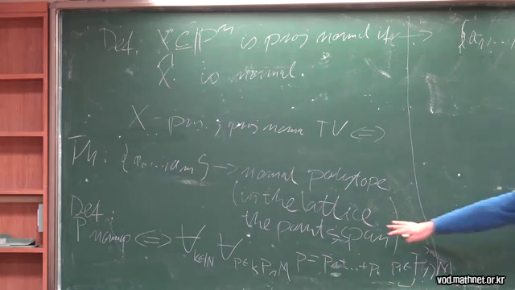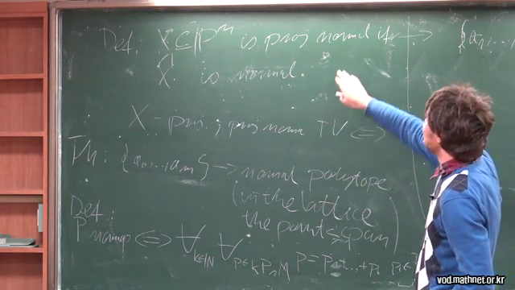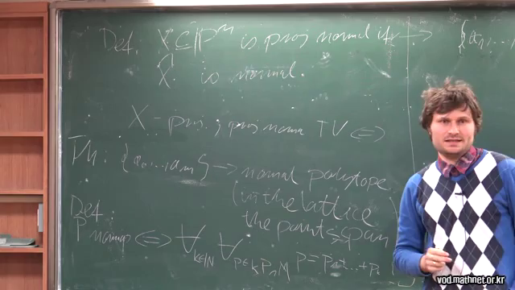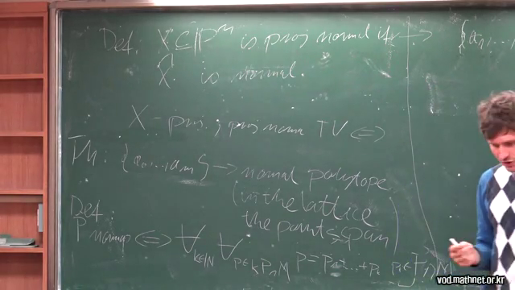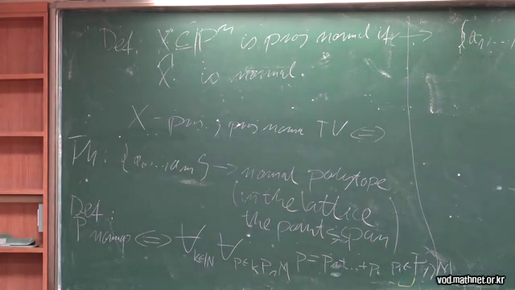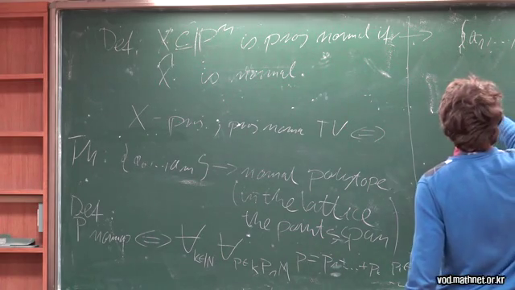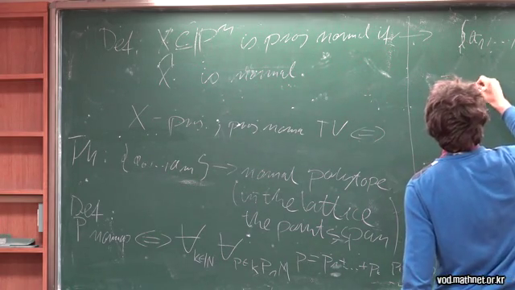And this theorem is a consequence of a similar theorem for affine toric varieties. So when is an affine toric variety normal? Theorem.